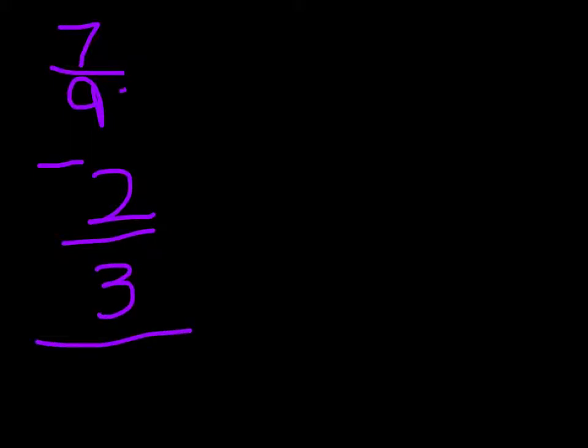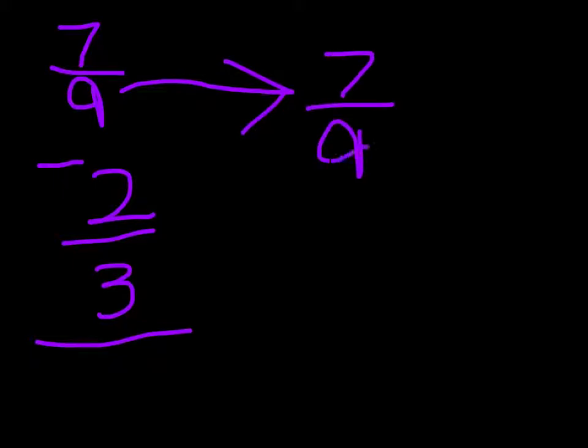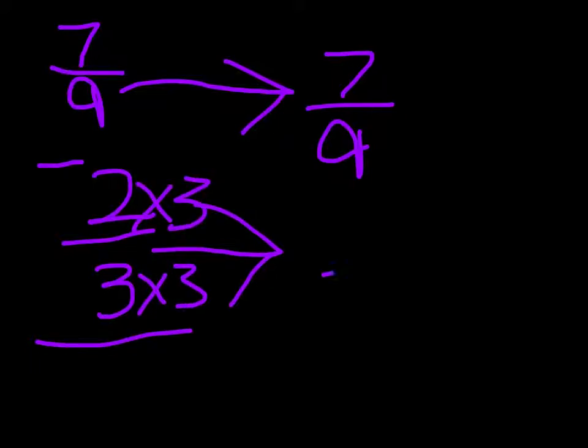So this one, we're going to bring 7/9 over here. And we're going to also bring 2/3 over here. But we have to find their common denominator, which for both of them is 9. And 3, for that to get to 9, we times it by 3. So then we have to times 2 by 3. So our denominator is 9. And 2 times 3 equals 6.